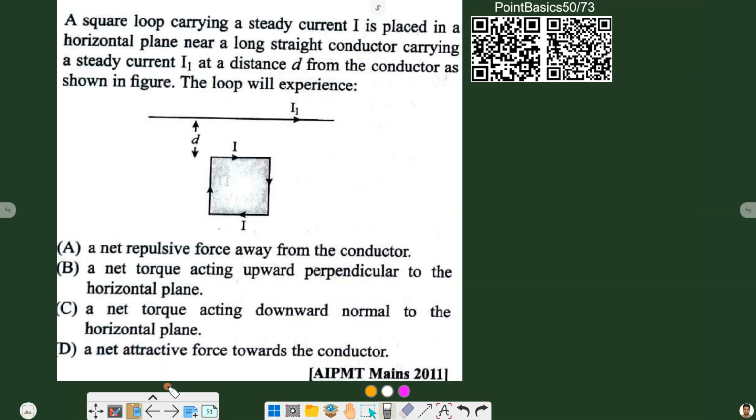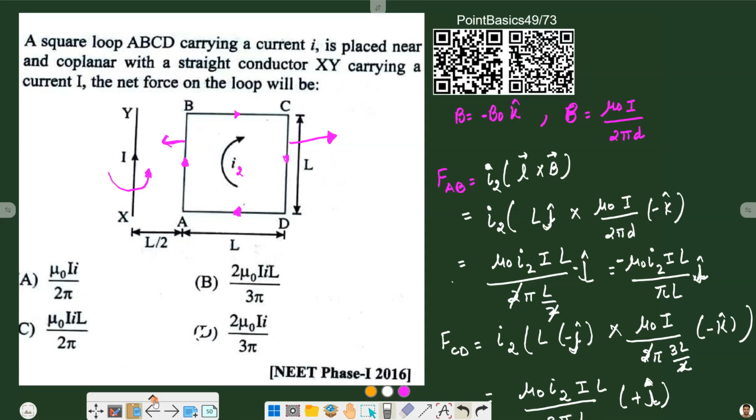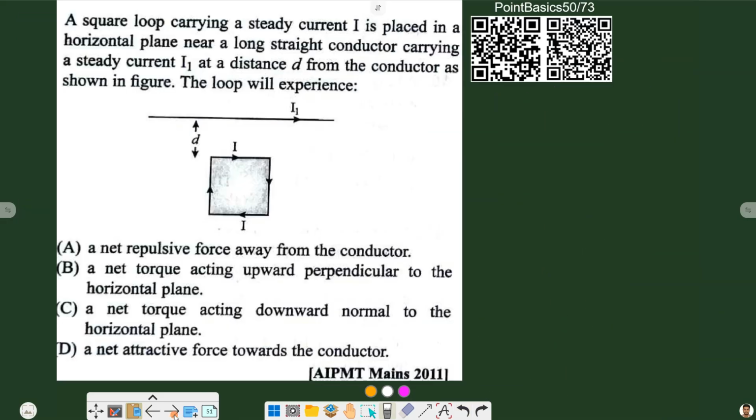As in the previous one, you can watch our last question in our previous video. We found out that the net force is towards the wire. As a whole, the loop experiences an attractive force.